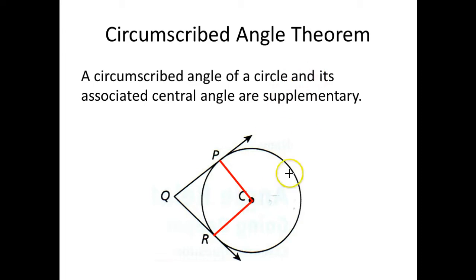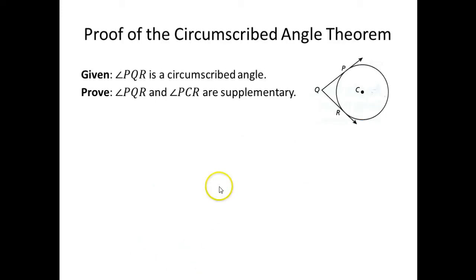So what this theorem says is that the circumscribed angle and angle C are supplementary, which means that they add up to 180 degrees. We're going to prove this now. So given that PQR is a circumscribed angle, we're going to show that angle PQR and angle PCR are supplementary.